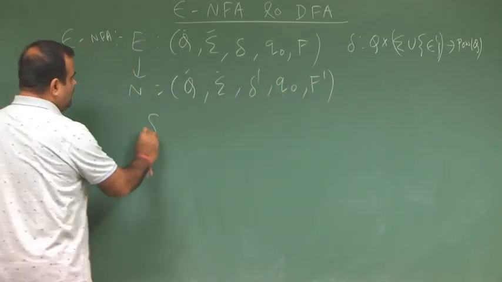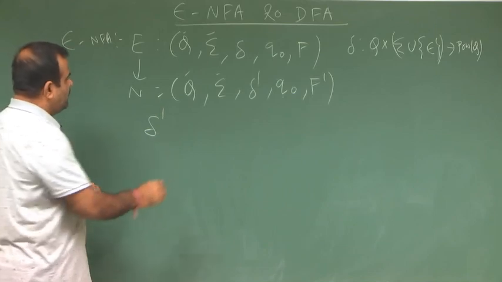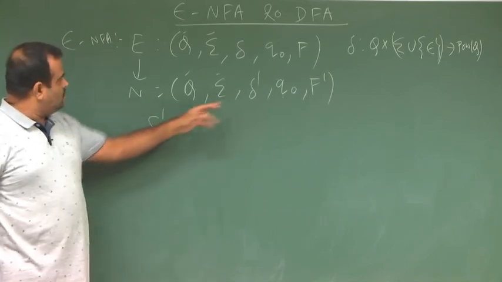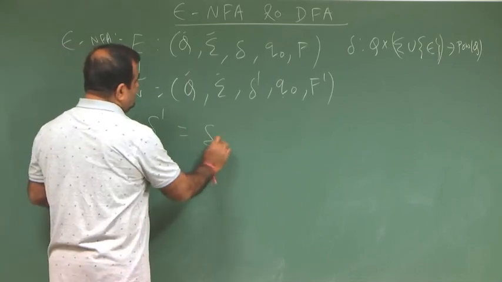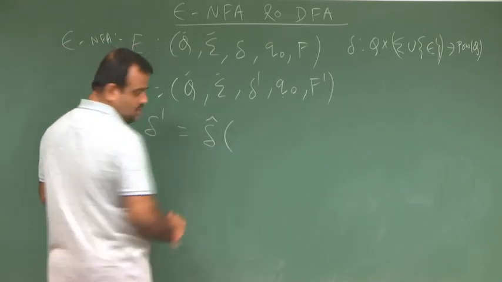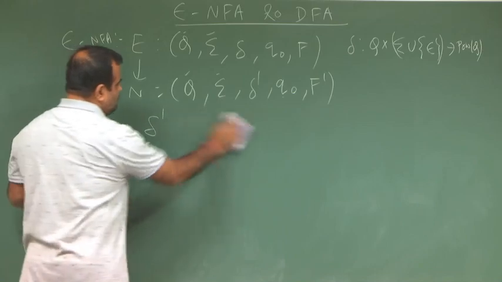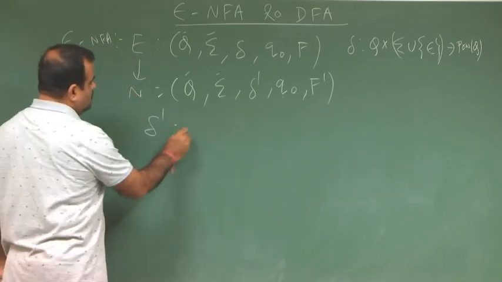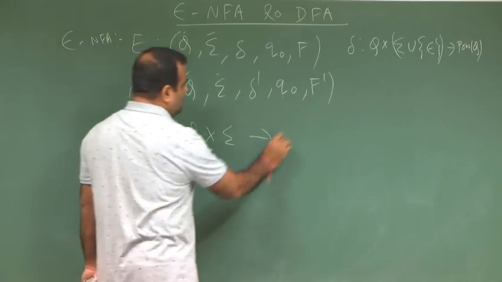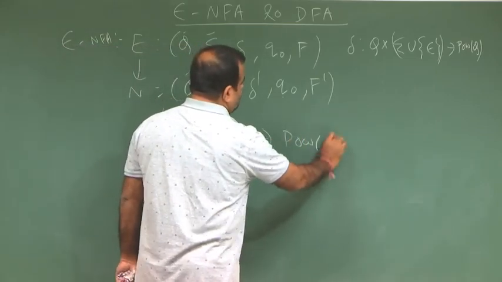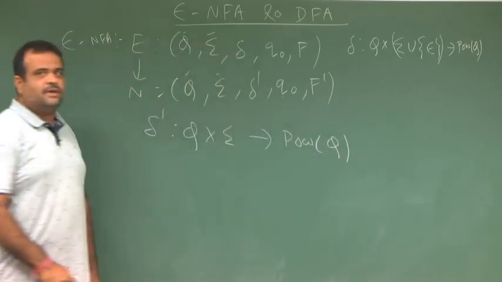So δ' is the transition rule for this NFA, which we are defining using δ hat. δ' is a function from Q cross Σ to the power set of Q, so it is not allowing the epsilon move.